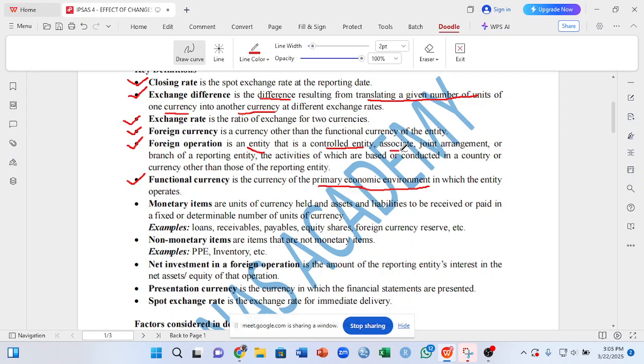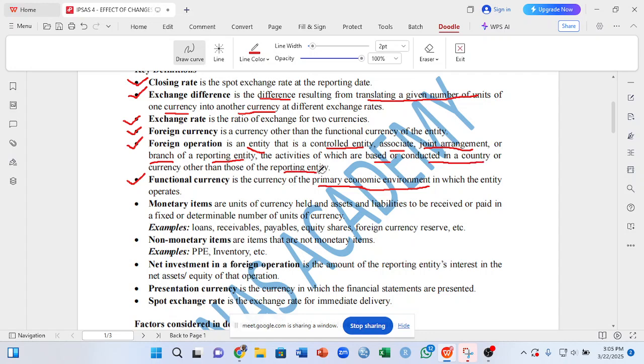It could also be an associate. It could also be a joint arrangement. It could also be a branch of a reporting entity where the activities of which are based or conducted in a country other than those of the reporting entity.